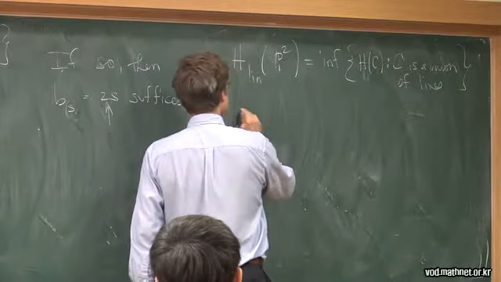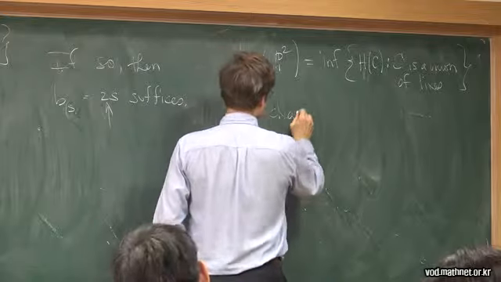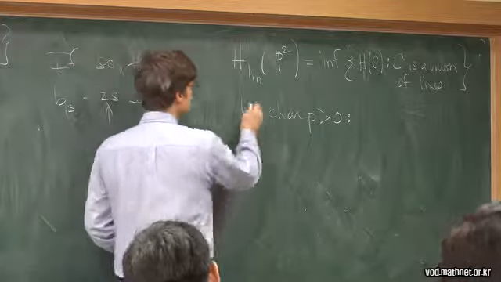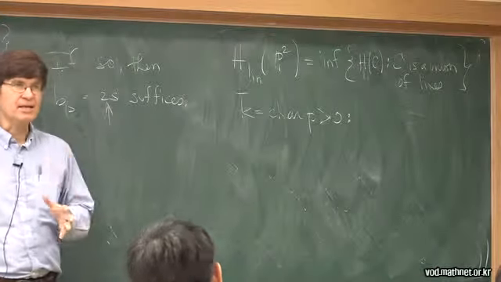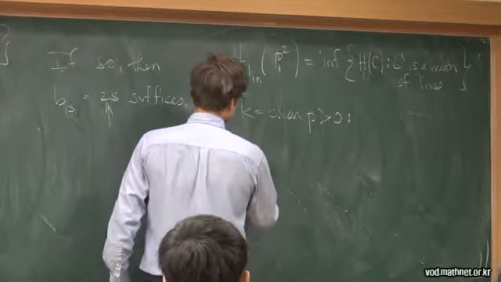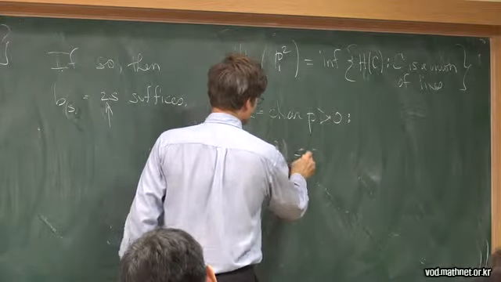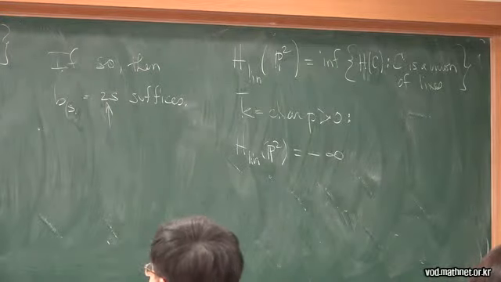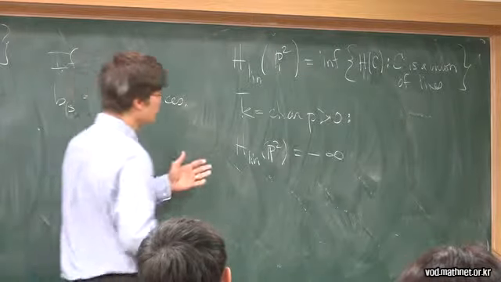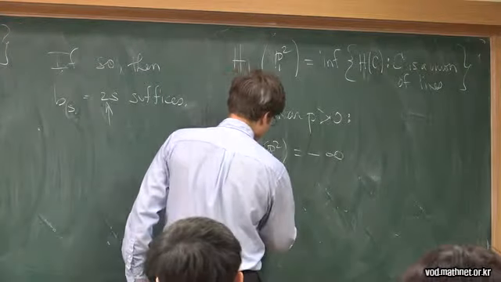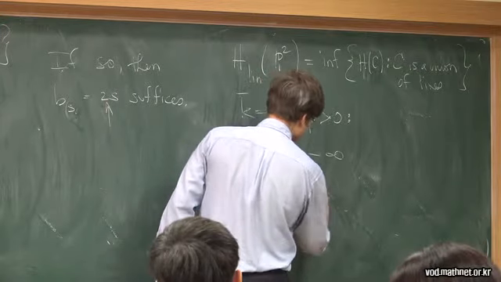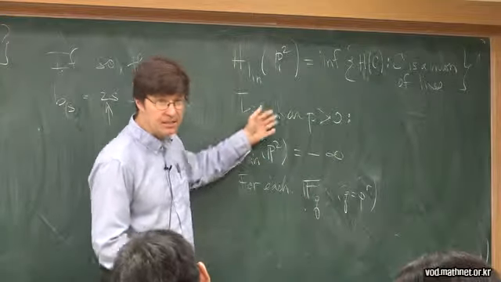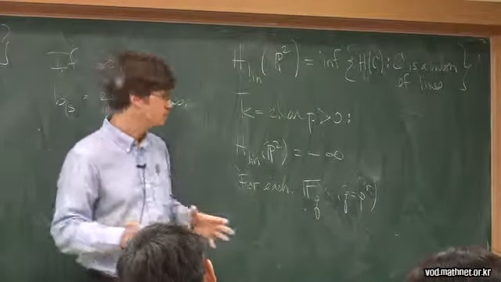It turns out that if K is algebraically closed but of characteristic P, then the linear H constant is negative infinity. And the reason is, for each finite field contained in the algebraic closure, take all of the lines.